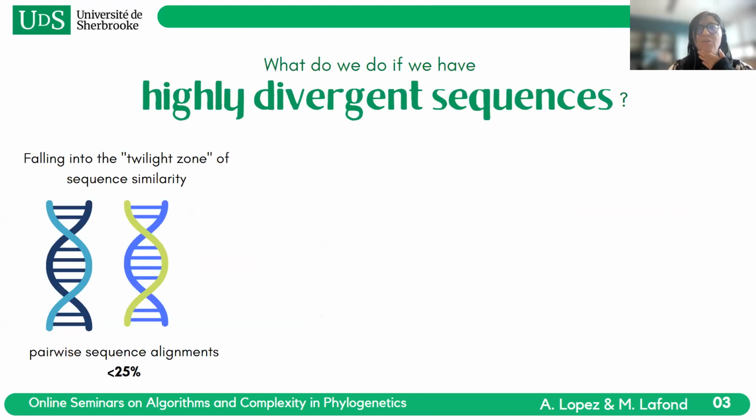However, it has been shown that sequences have some important limitations when inferring evolutionary relationships, especially when highly divergent sequences are involved. It has been shown that most sequence-based methods start failing when the pairwise sequence alignments fall into something that is called the twilight zone of sequence similarity.